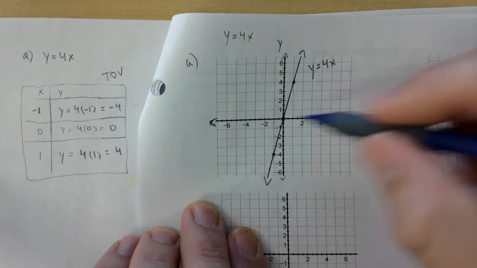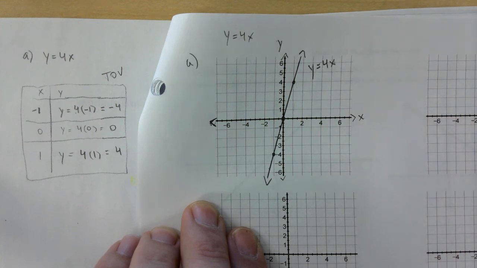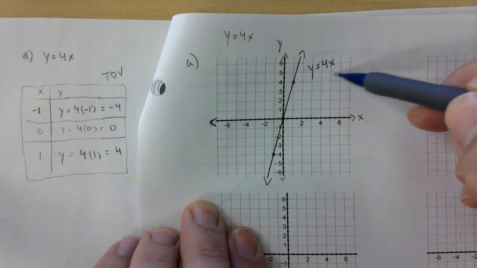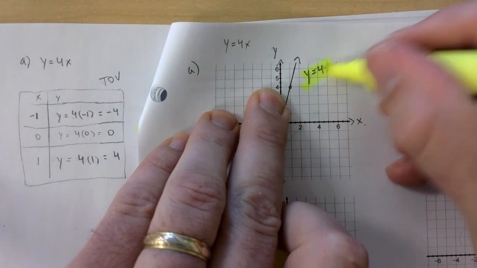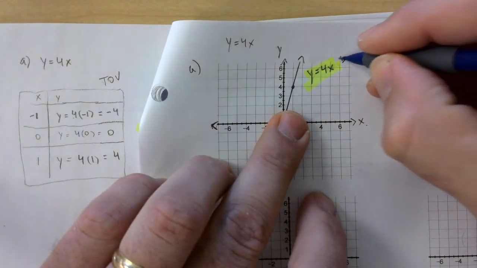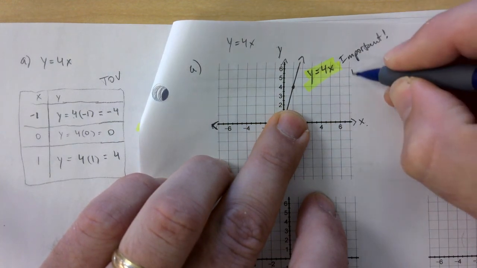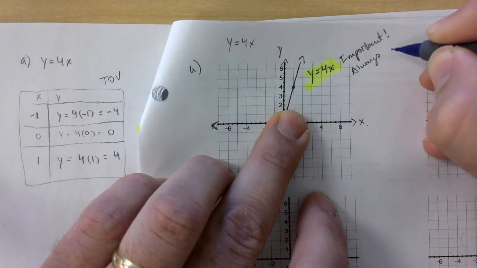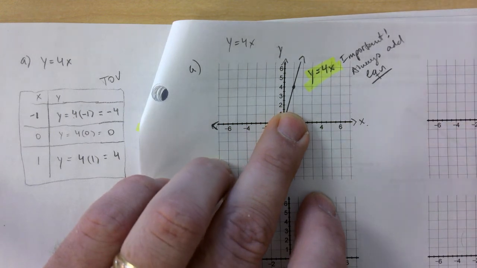So again, scale is there. Labels are there. And you also labeled your equation. Okay. So I'm going to highlight this. Important, right? From now on, because we're going to graph. Always add equation. Okay.